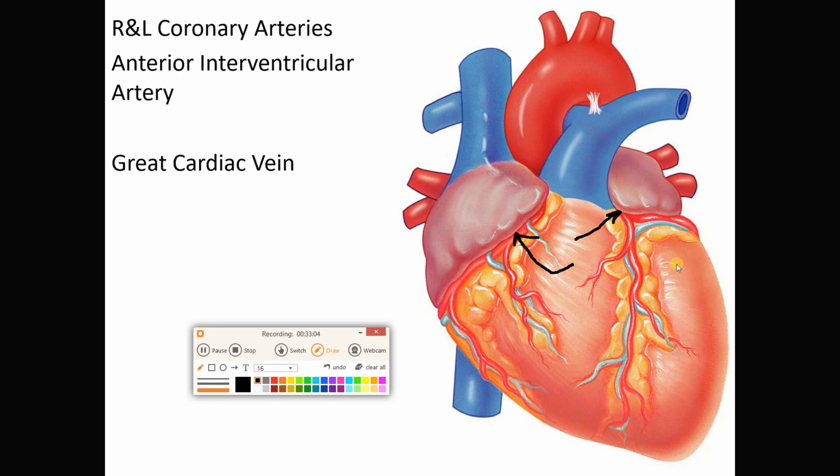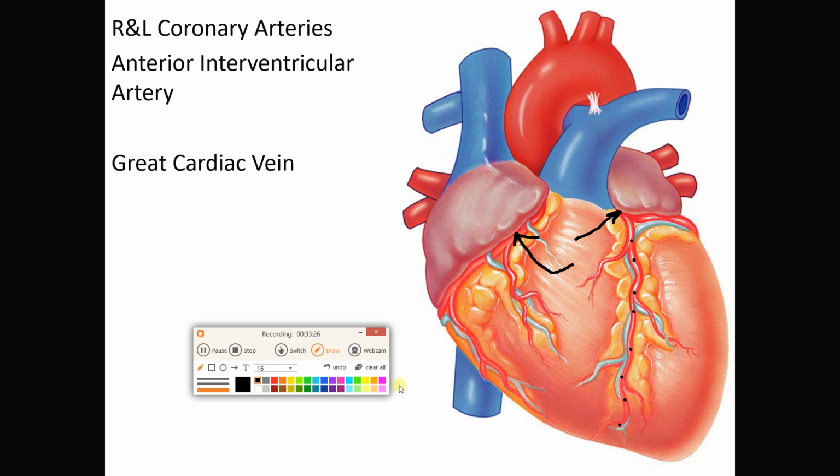Now, coming off the left coronary artery is this guy, which is coming down the middle of the heart. He's just on the outside of the septum between the ventricles. So this guy is called your anterior interventricular artery. He's going to help feed primarily that left ventricle.